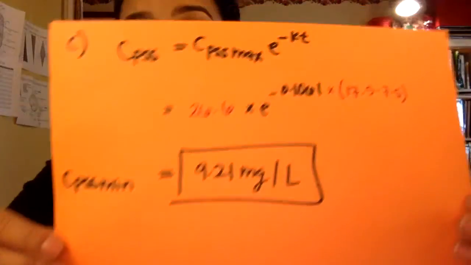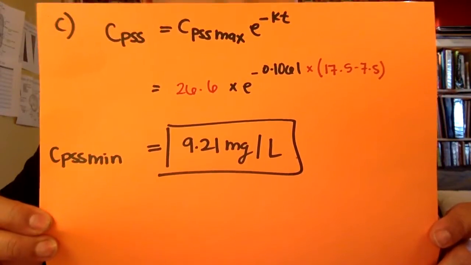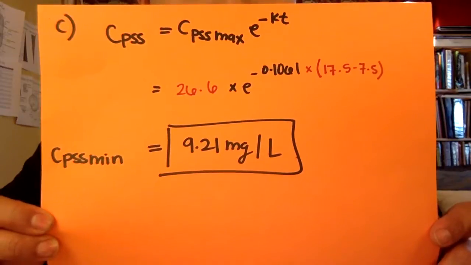So basically what you can do here is use Dr. Chan's favorite equation, because you already have your CPSS max. All you have to do now is solve for the CP2. When you do that, you have this: CPSS equals CPSS max e to the negative kt.